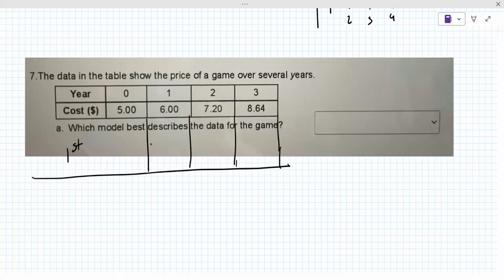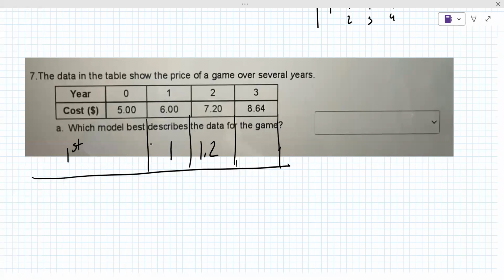All right. One. Okay, how about for the next one? 7.2 minus 6. 1.2.